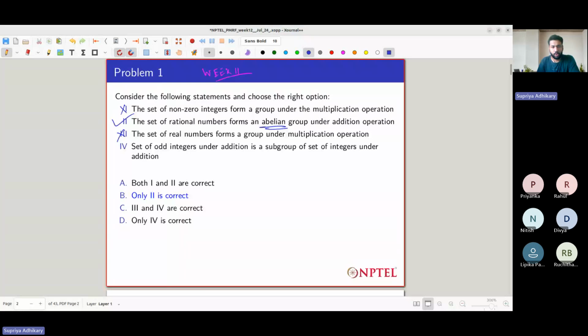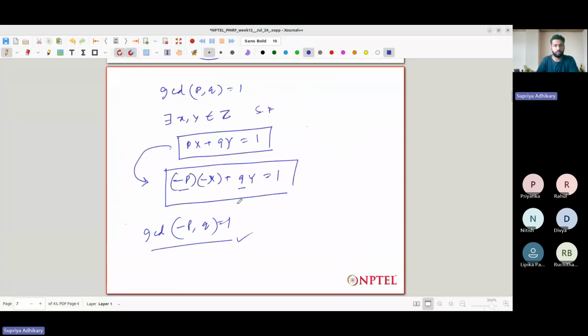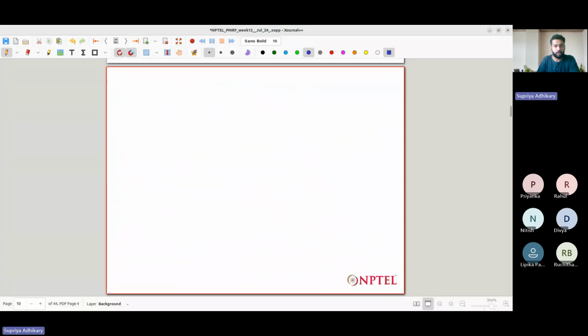And finally, the set of all odd integers under addition is claimed to be a subgroup of the set of integers under addition. The set of integers under addition is definitely a group. Let us consider O to be the set of all odd integers.